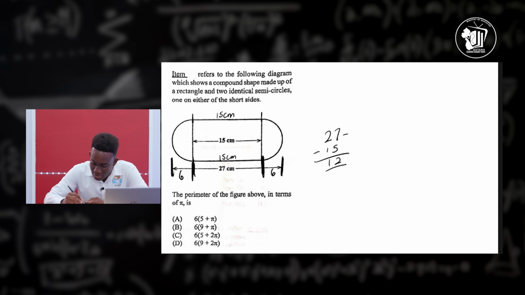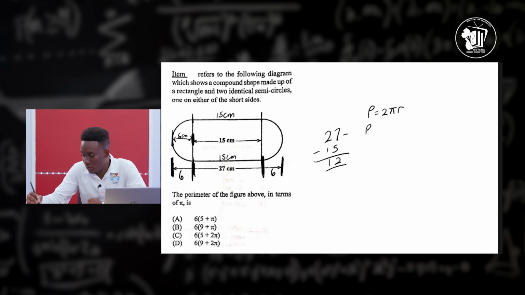So from this piece to this piece, from here to here would be 6, which would be the same as the radius. So we found the radius. Now we can go ahead and find the arc length of these two semicircles. Since we have two semicircles, if we just find the perimeter of one circle, that will give us the total circumference of the two semicircles. So the circumference would be equal to 2 pi r.